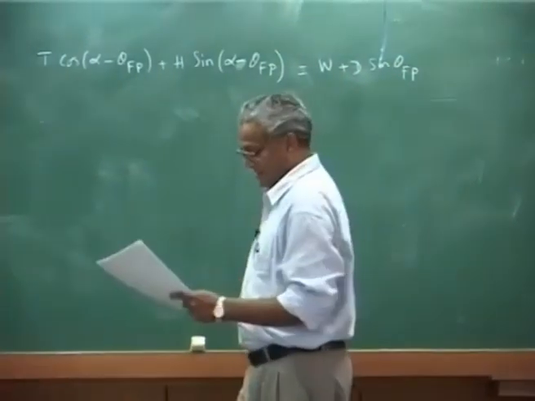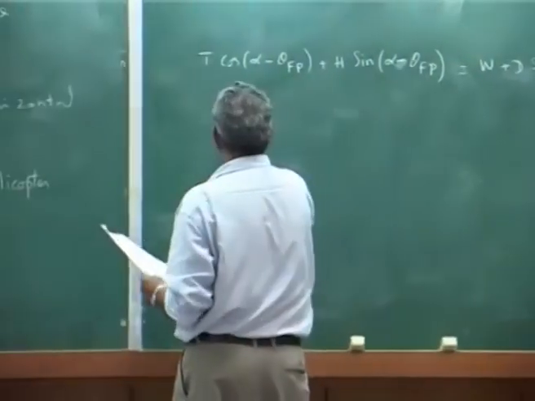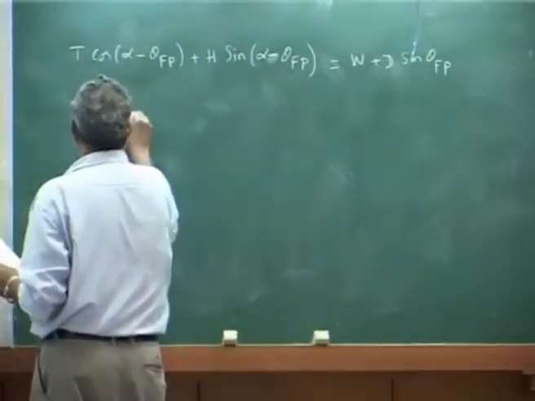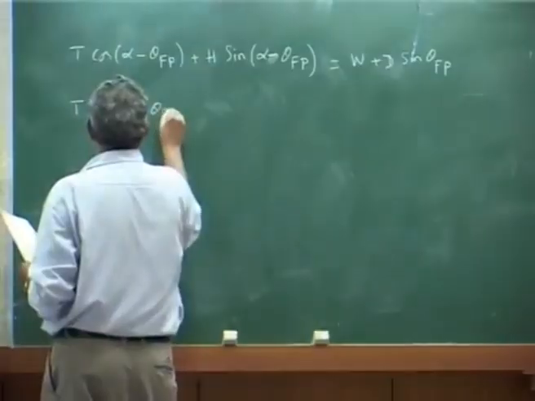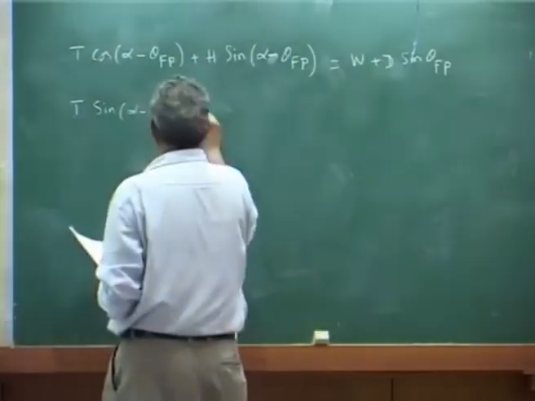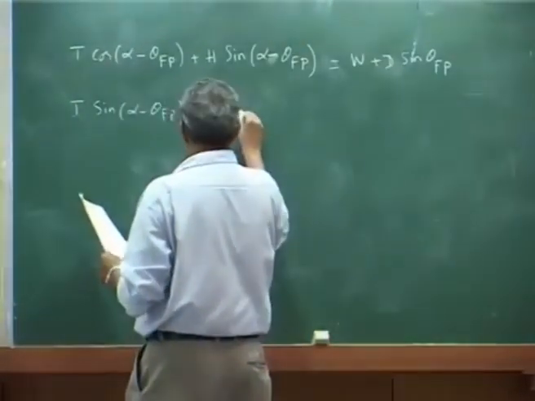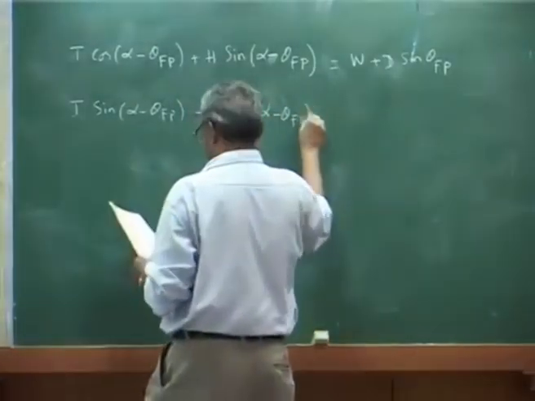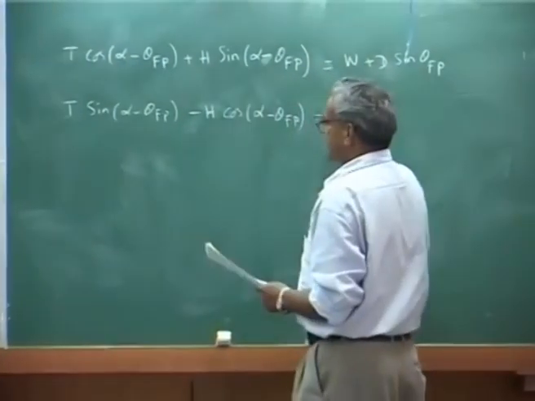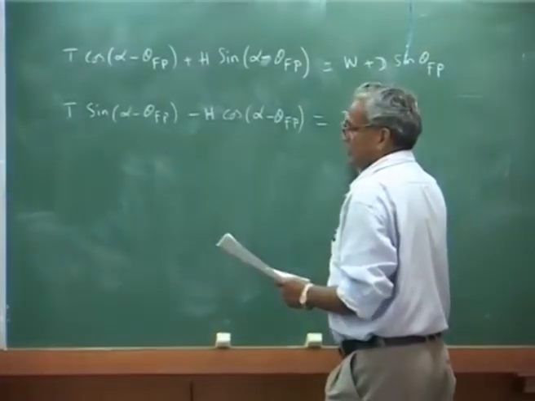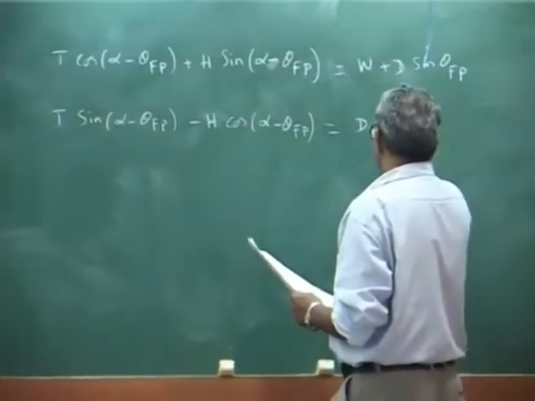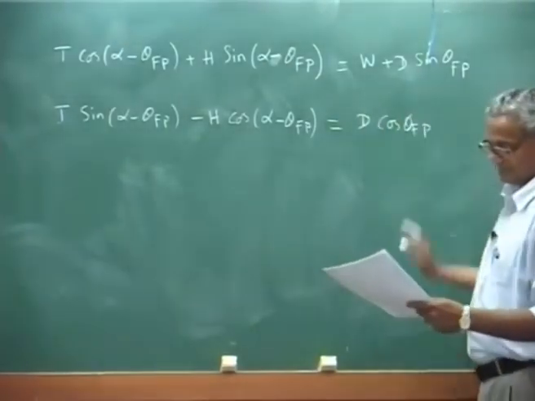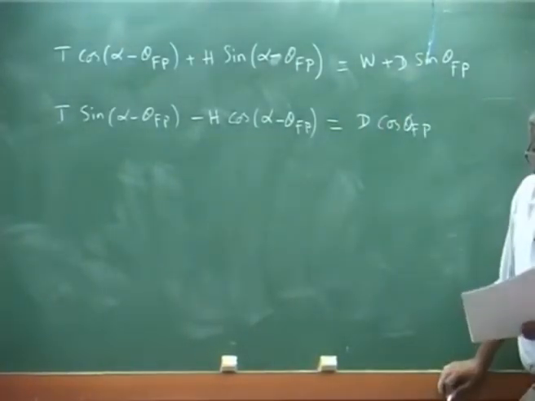Okay. And then in the horizontal direction you will have T sine alpha minus theta f p minus H cosine alpha minus theta f p equals D cosine theta f p. Okay. This is from equilibrium. All right.